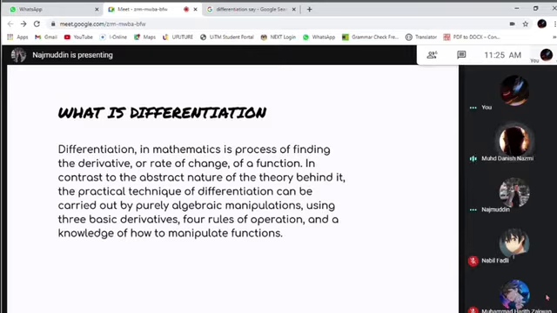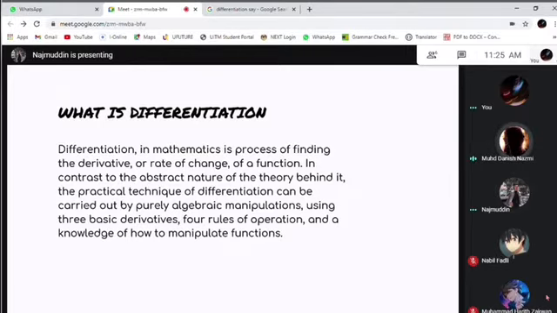The practical technique of differentiation can be carried out by purely algebraic manipulation using three basic derivatives, four rules of operation, and a knowledge of how to manipulate functions.